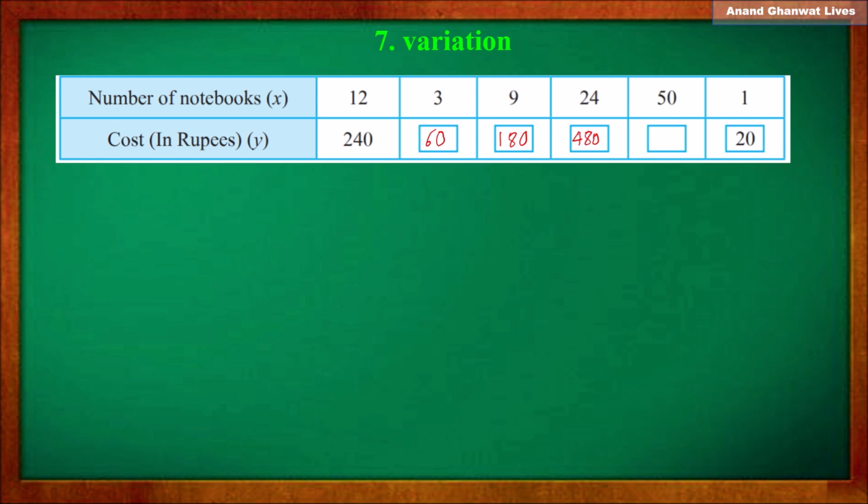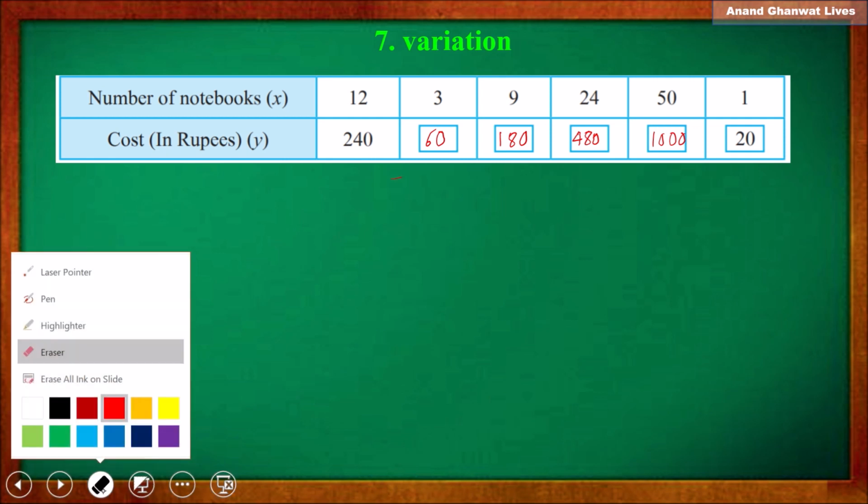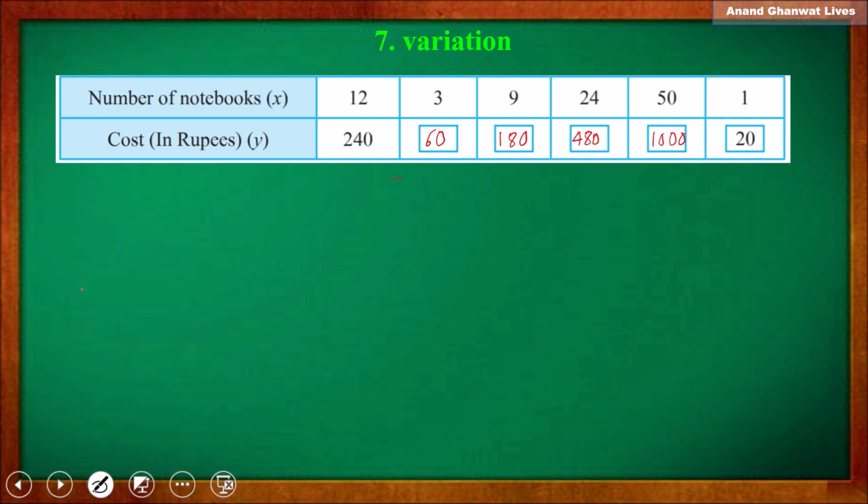Now if the number of notebooks is 50, then the cost is 50 into 20, that is 1000 rupees. In this way you can easily complete this chart. If the value of x decreases, then the value of y also decreases. If the value of x increases, then the value of y also increases.